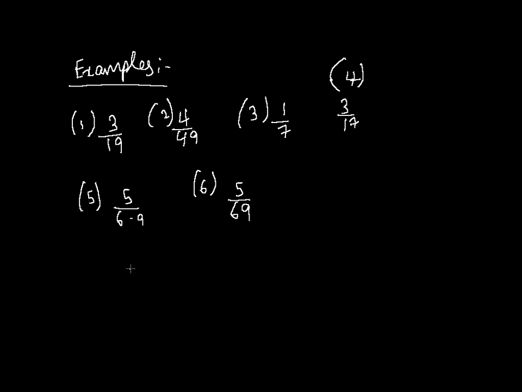Now see here, 5 by 6.9 is nothing but 50 by 69. And like before, we will do it this way. 50 by 70, that is 5 by 7, and we will carry out step by step division. 0 point.